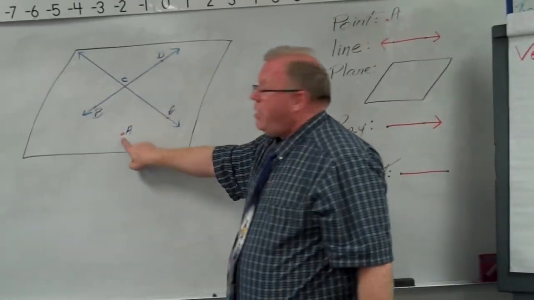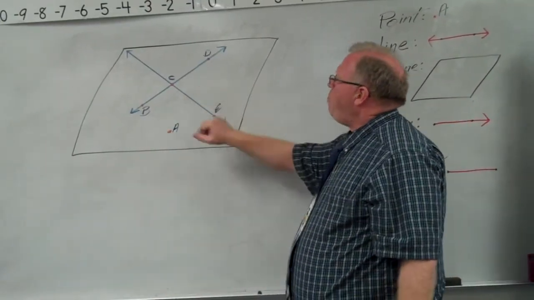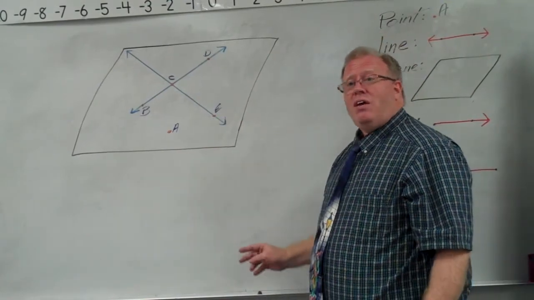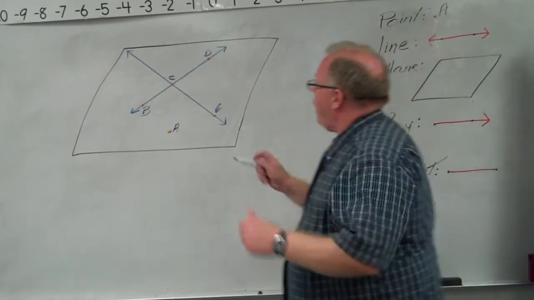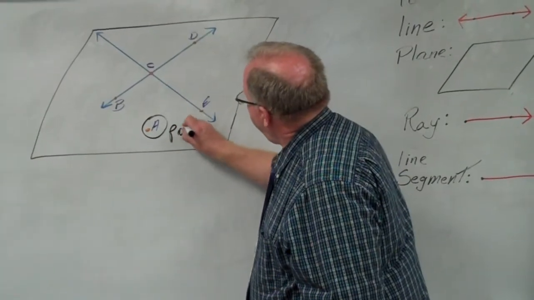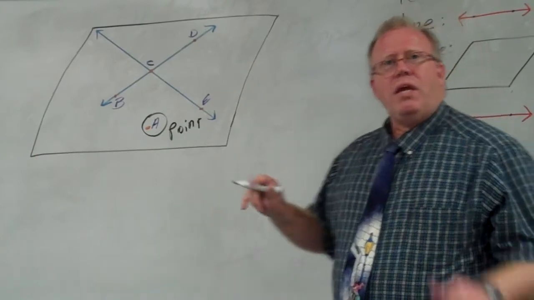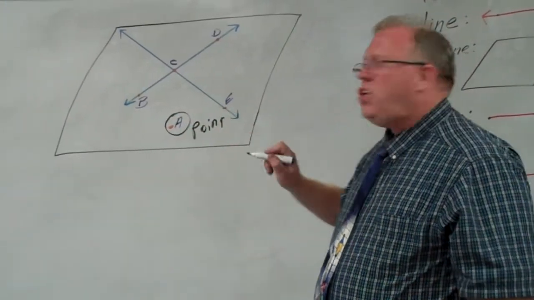Okay? Again, here's our point. And we want to look at here. We have some lines, we have some rays, and we have some segments. Let's see if we can identify what those are. Okay, first of all, we've got our point. We talked about that, so I'm going to write that down here. Okay, remember a line segment is 2 points, like you can take that section right out.